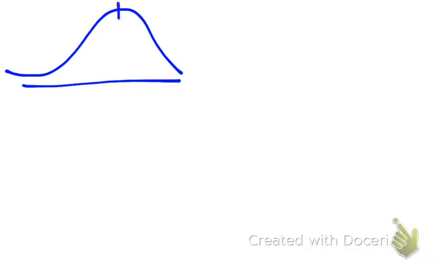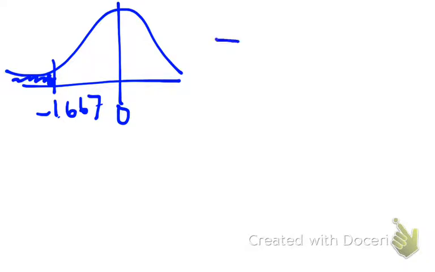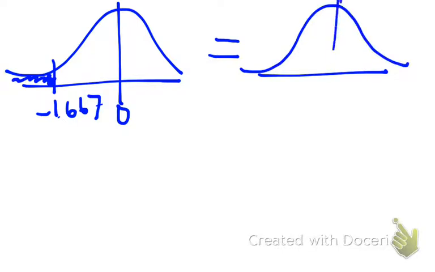So starting with our negative, okay, so there's our mean of 0, now on negative 1.667. So to find that area there, I've got to remember that that is the same area and the same probability as if I find a value of 1.667, the positive value, and look at the area above it.